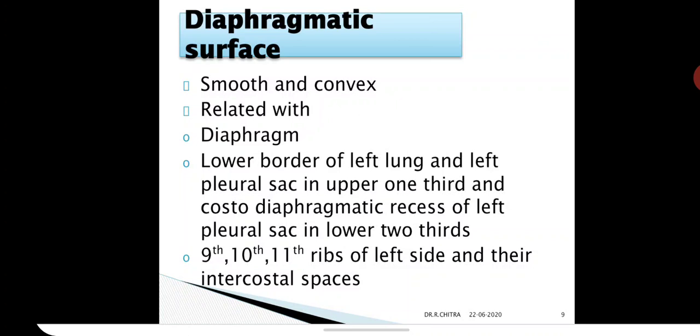It is not only related with the diaphragm, it is related to the lower border of the organ above the spleen. What is that? The left lung, its lower border, and even the left pleural sac. Outer to this, you will have the ribs. So from inner to outer, we are telling the relations of the diaphragmatic surface: diaphragm, lung and pleura, then 9th, 10th, 11th ribs and their intercostal spaces.